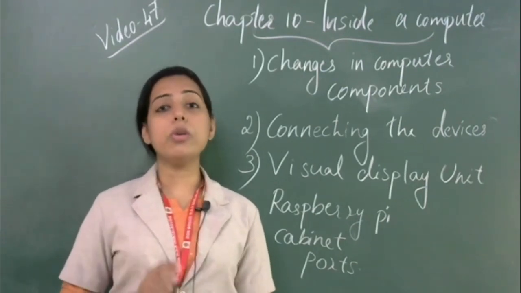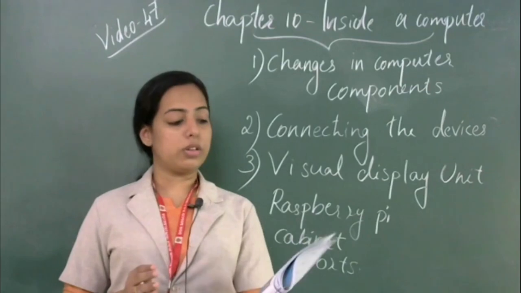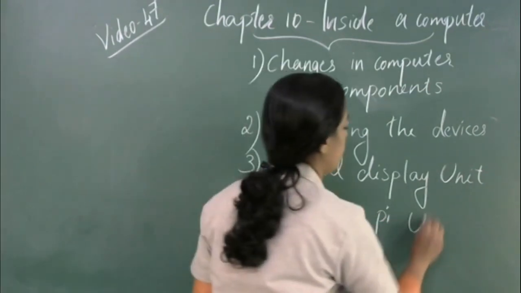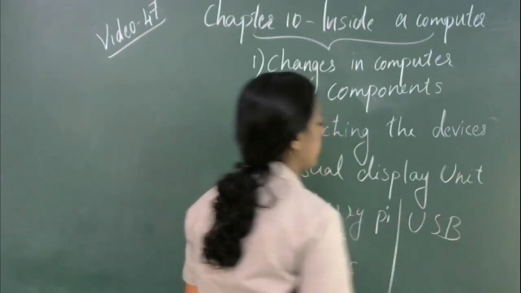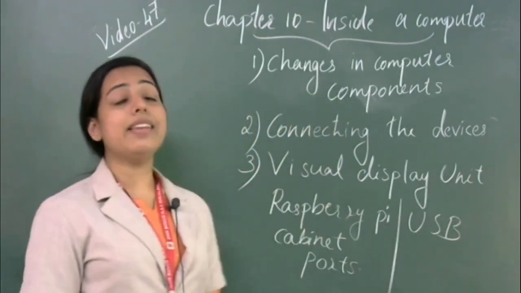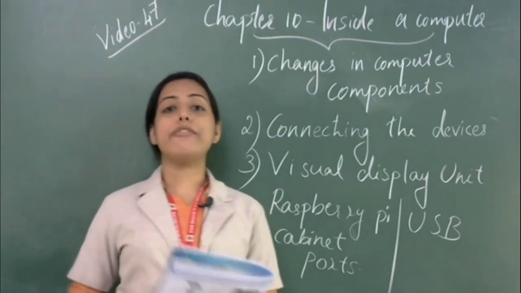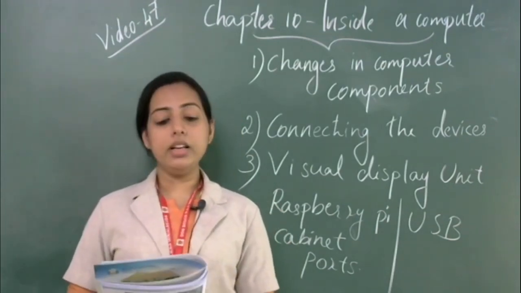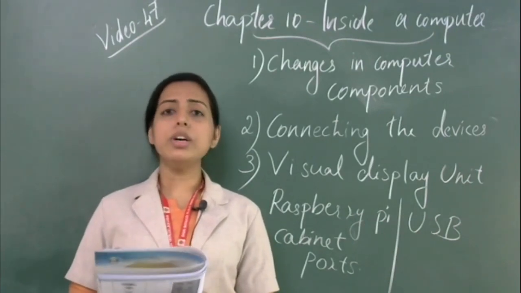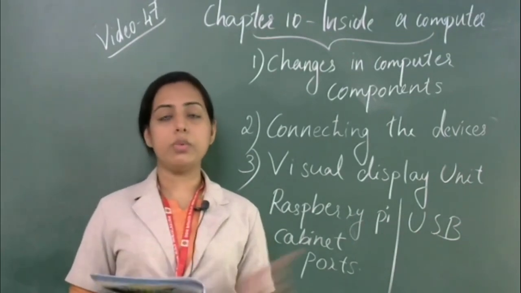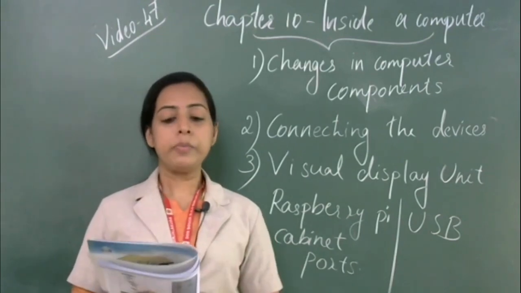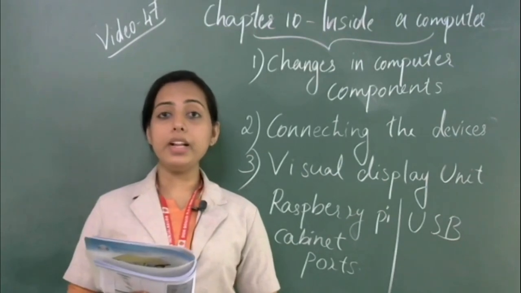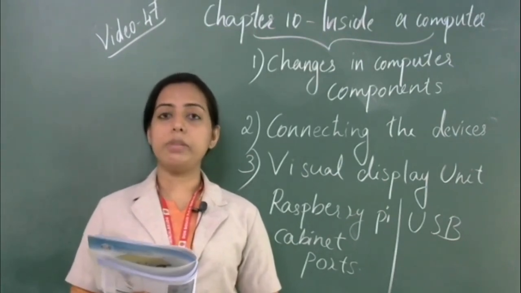And one of the ports is described in your textbook. One connector, USB, Universal Serial Bus, and that definition is given in your textbook, page number 139. So you have to study what is USB. USB is an advanced technology that helps in speedy transfer of information between equipments.